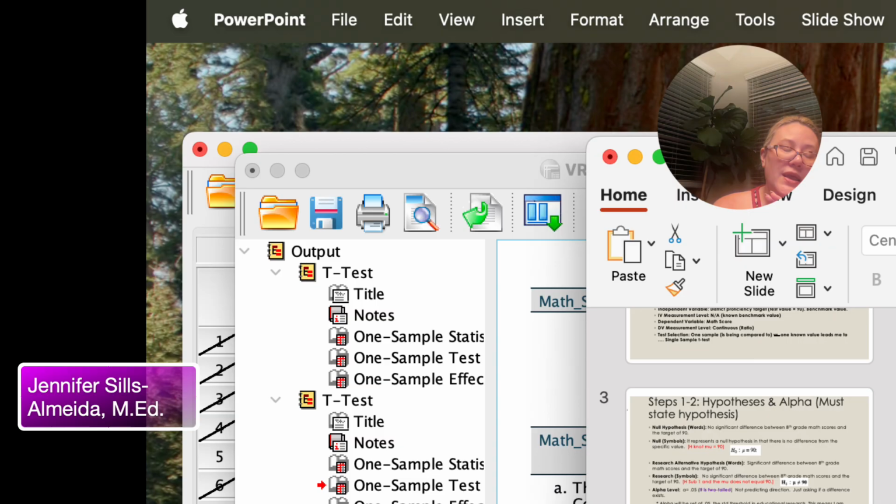So in regards to this, we're going to reject the null, right? Because there was a significant difference: alpha was set at 0.05 and our p-value was 0.001. There was also a mean difference of negative 3.95. What that means is the student scores were lower than that 90.